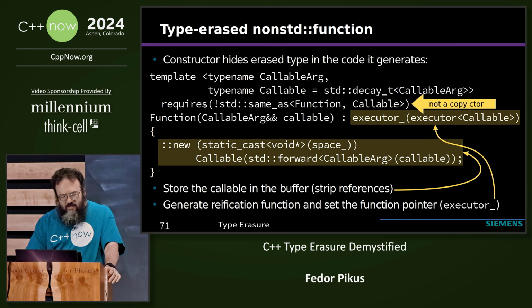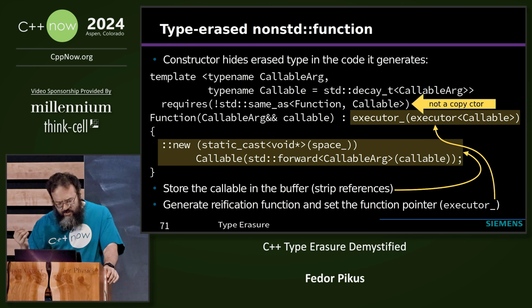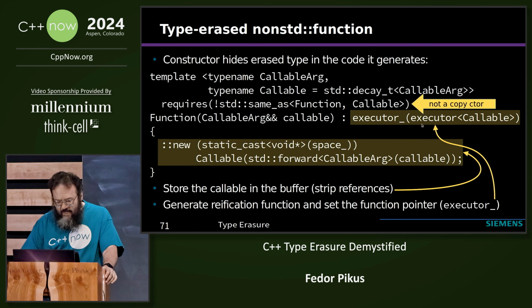So no copy; the copy constructor goes to its proper place. And this is where I instantiated the static function template and stored it in a function pointer. And this is where I stored my callable in the local buffer.